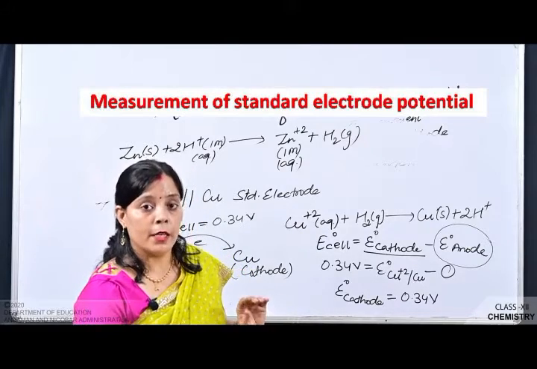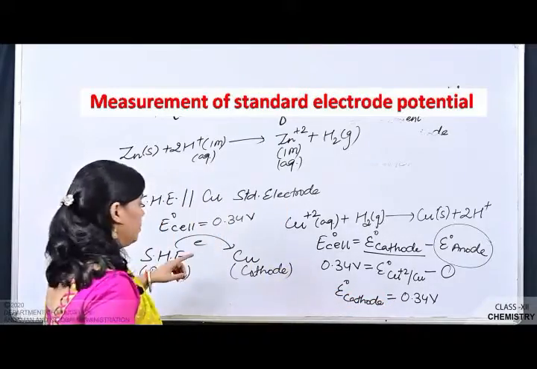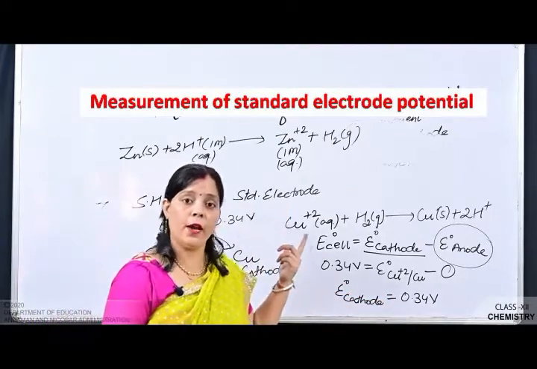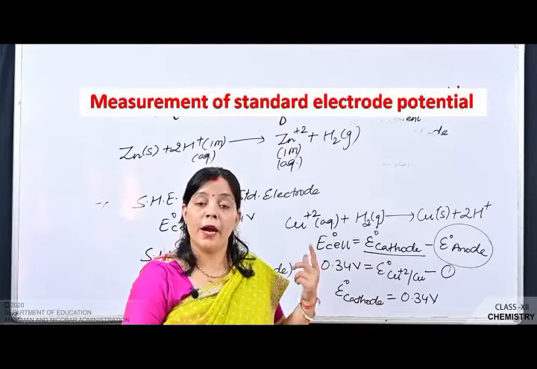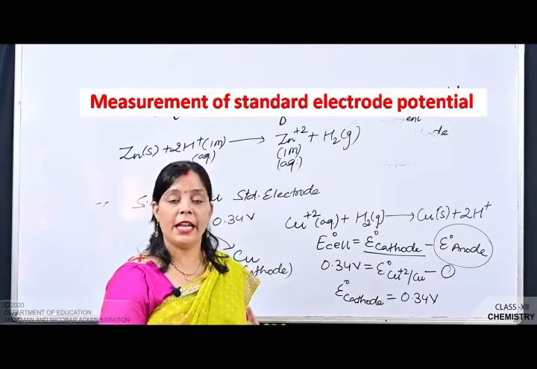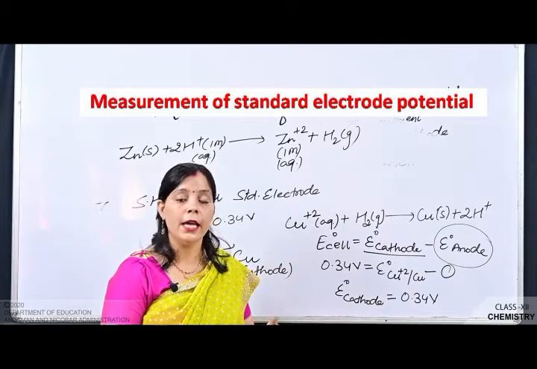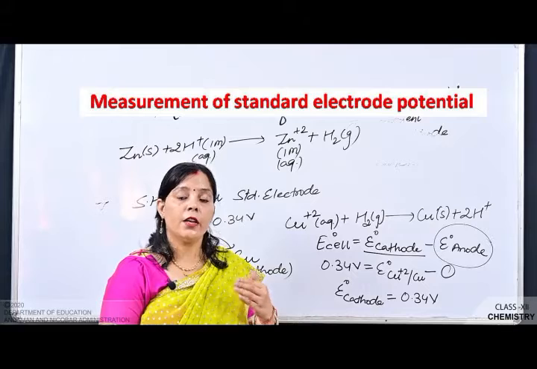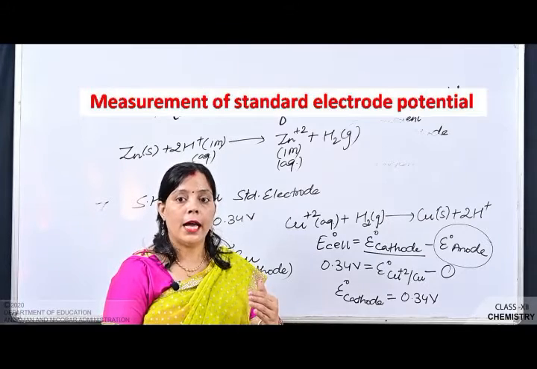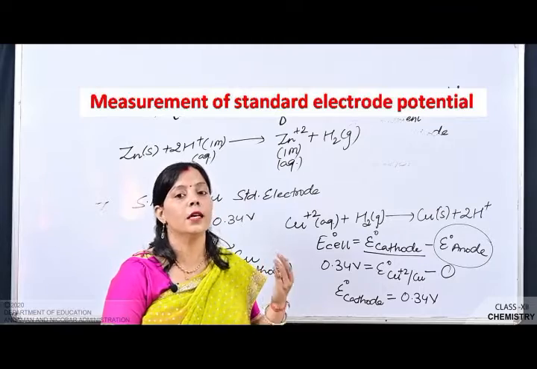So students, here we get the positive value of the EMF, and in the case of zinc we get the negative value, that is minus 0.76 volt. The positive value of EMF indicates that the copper plus 2 ion gets reduced more easily than the H plus ion, and the reverse process cannot occur, that is, the hydrogen ion cannot oxidize the copper.